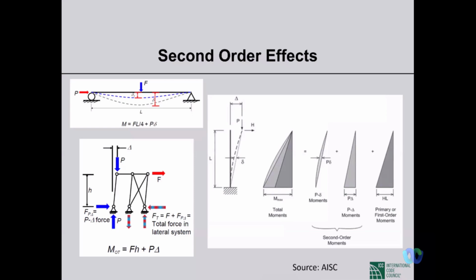So if we think about moment, let's start from the right side. Due to the horizontal load H, if the length of the column is L, we get H into L as the moment, if we calculate the moment on the undeformed shape. But due to that lateral load, it will experience a drift of this delta, large delta. So the vertical gravity load P will cause another additional moment, P large delta.